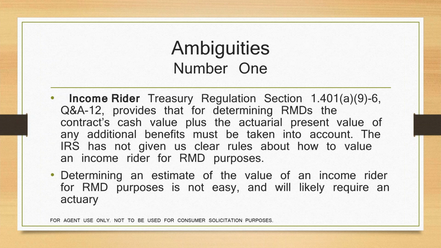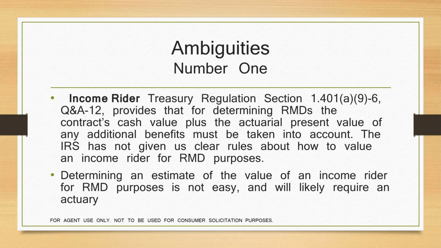So in the RMD world, there are some ambiguities. I just point them out to you so that you're aware of them. First one is that if you've sold an IRA that is annuity-based and the IRA has an income rider, there's some uncertainty as to exactly how the income rider needs to be taken into account when calculating somebody's RMD obligation.